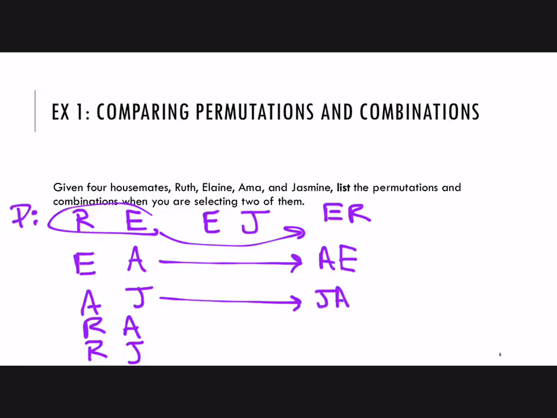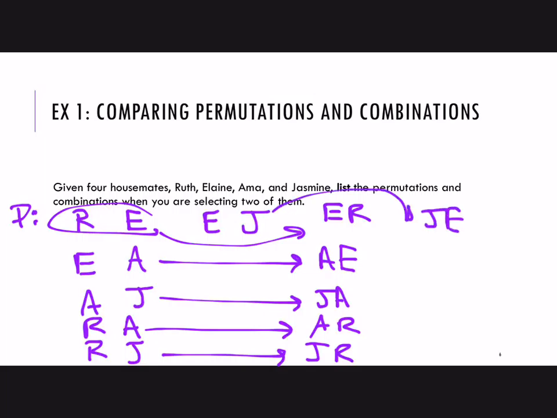Okay, and then the same thing for all of these options. These could all be in a different order. Jasmine and Elaine could be Elaine and Jasmine. Okay, so which of these are the permutations? Well, all of these are permutations.